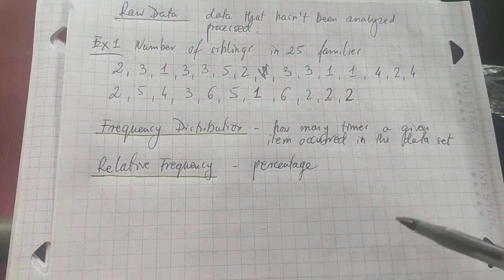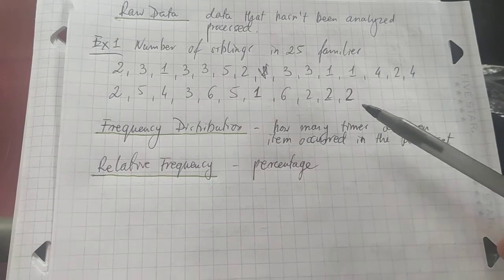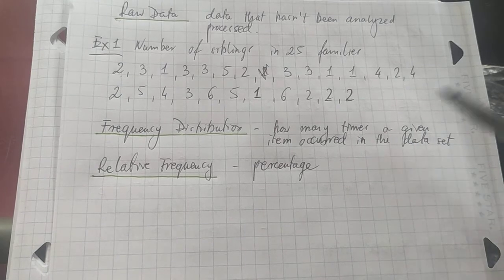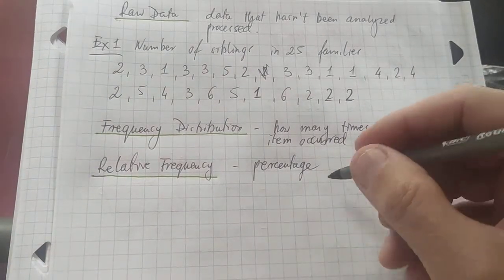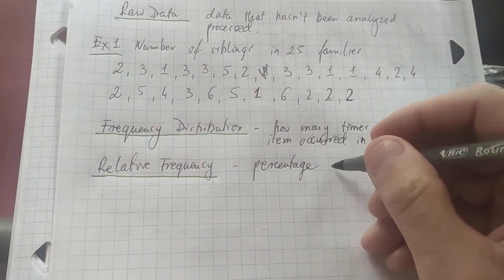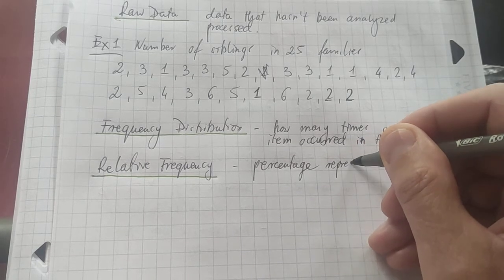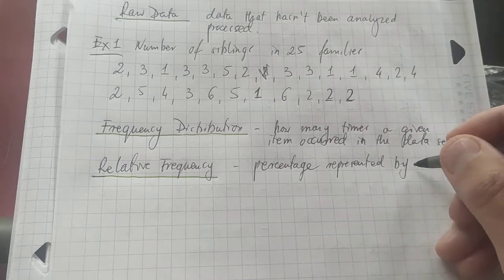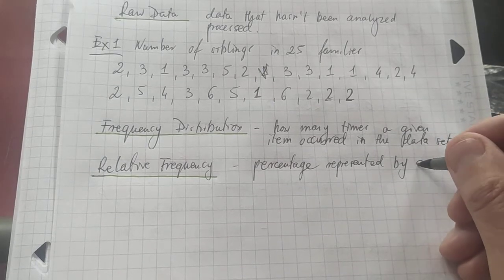So we'll take the number of families with 2 kids and divide them by how many data points we have, or how many families there were. Okay, so percentage represented by an item.